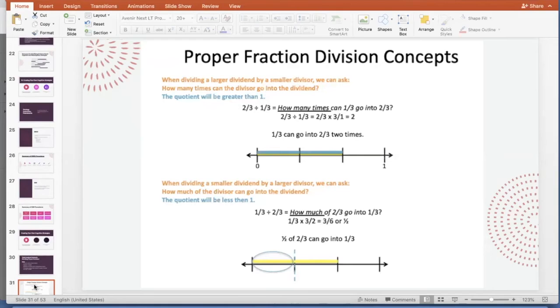And when they're dividing a smaller dividend by a larger divisor, the quotient is going to be less than 1. I want them to understand these concepts. I'm not going to spend a ton of time going into this here, but if anyone wants to talk about this, shoot me an email.